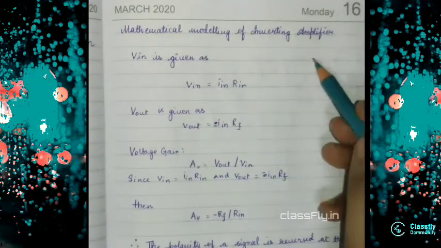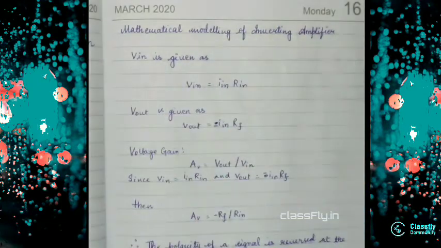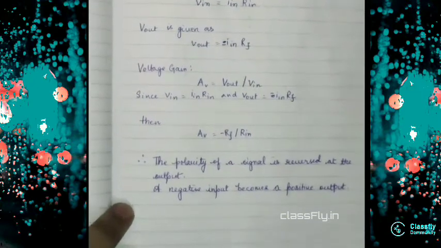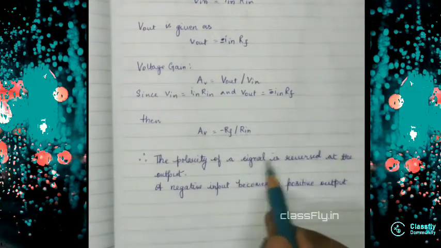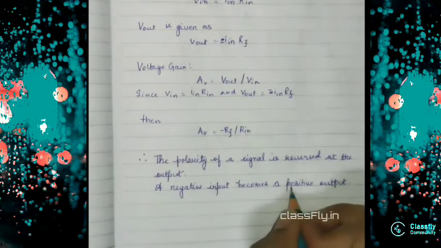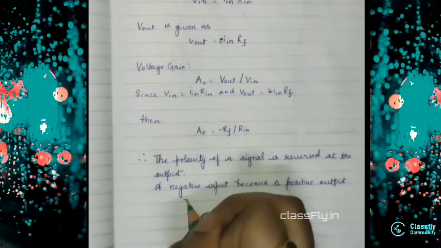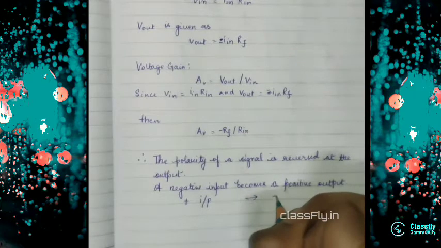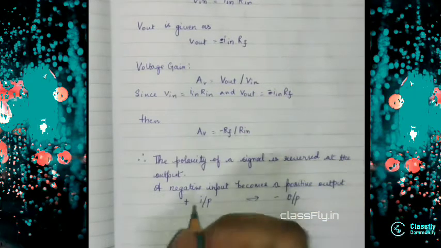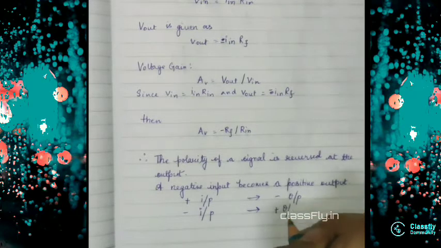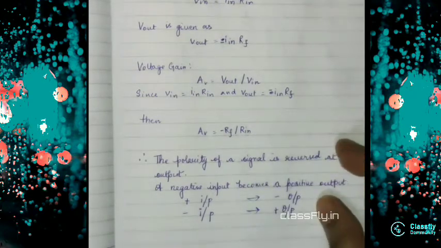This you can do in your examination, but follow the KCL rule; it will be better for you to get good marks. Okay, and this statement is the most important: the polarity of a signal is reversed at the output. A negative input gives a positive output. If we give a positive input in the inverting amplifier, we will get a negative output, but if we give a negative input, we will get a positive output.